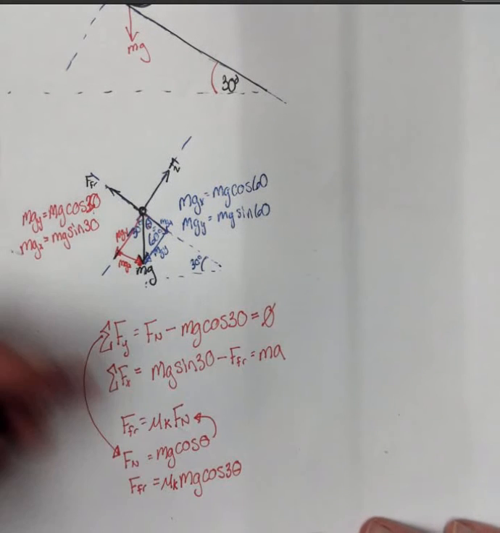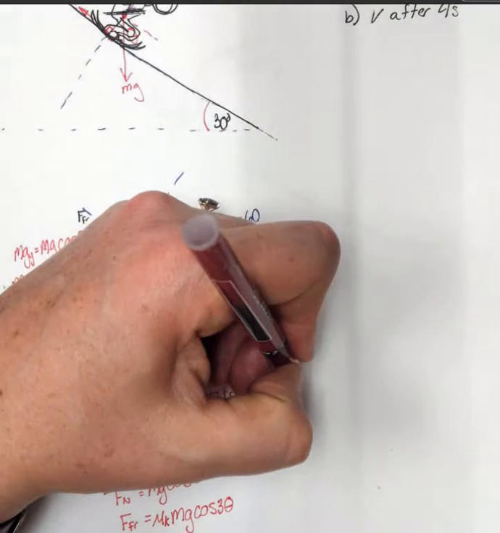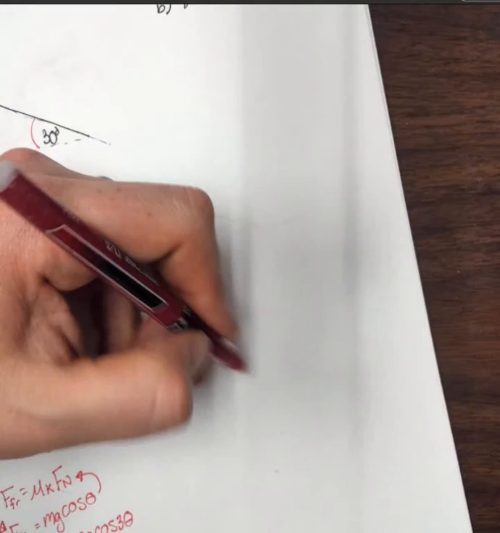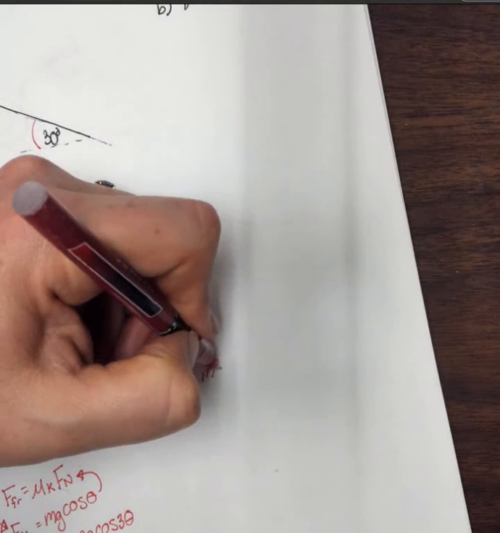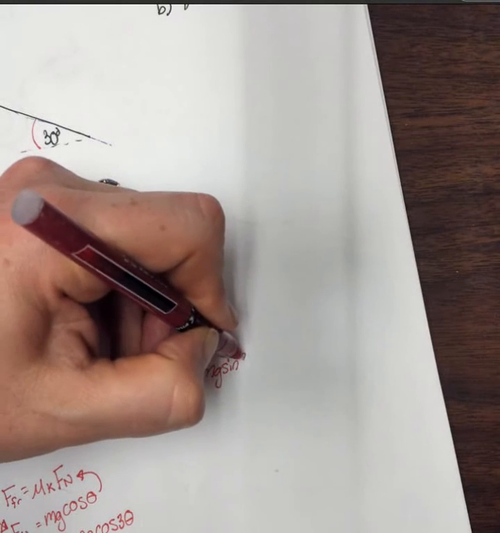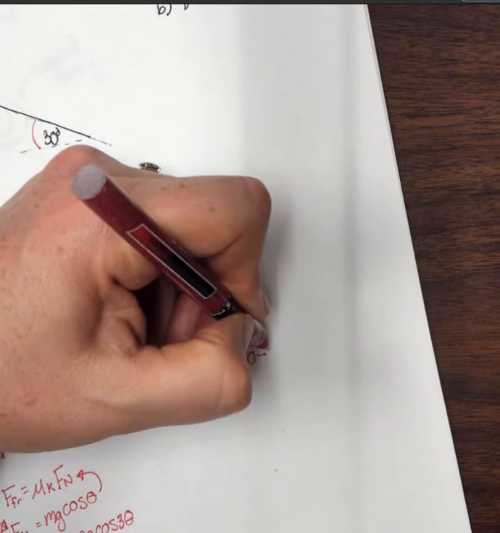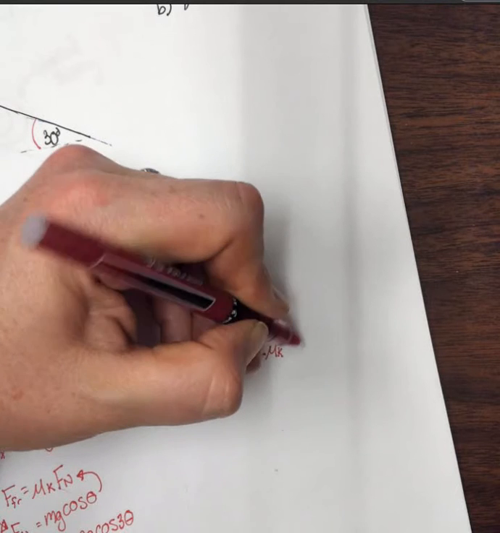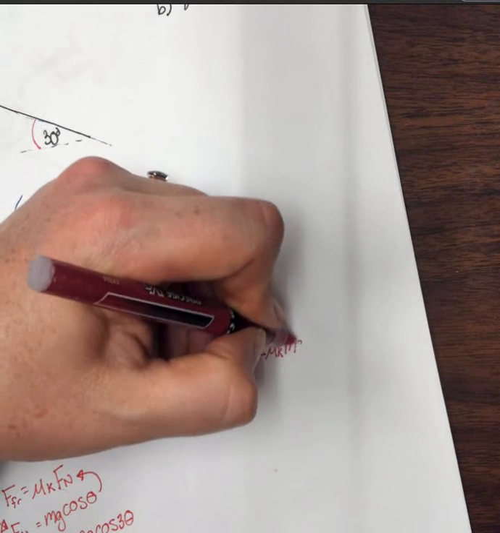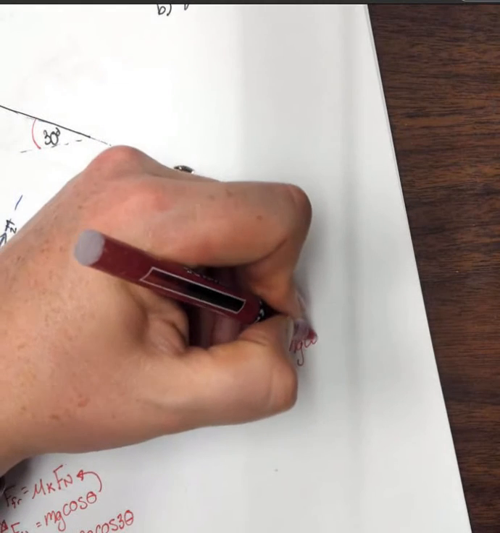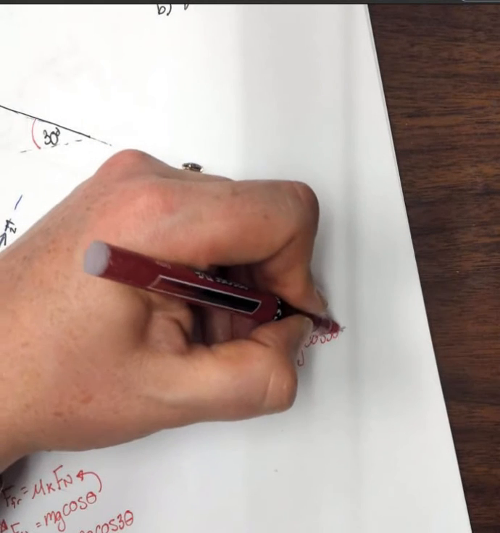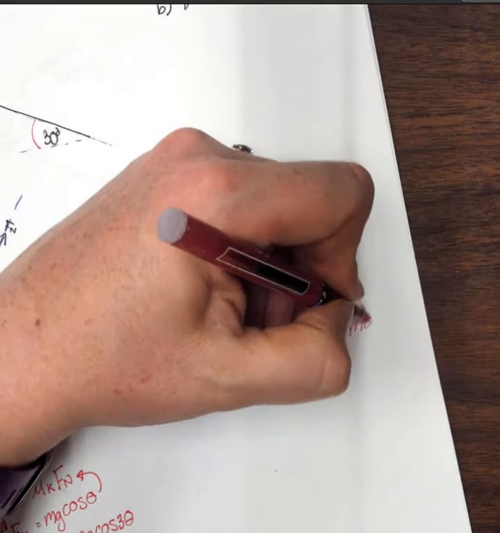So now I'm going to take that and plug it into this equation here, and I get that mg sine of 30 minus coefficient of friction mg cosine of 30 is going to be equal to mass times acceleration.